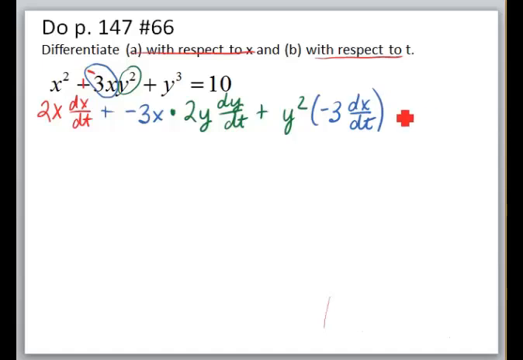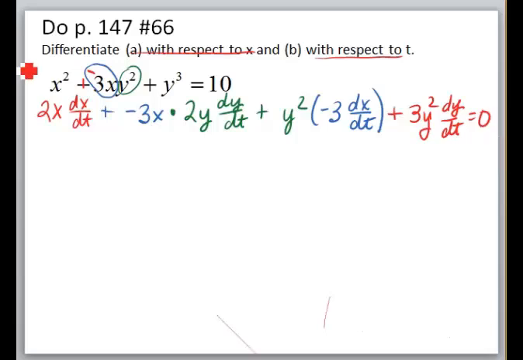Plus the derivative of y cubed is 3y squared. It is not a t, so I have to write the derivative of y with respect to t, and then equals 0. I will not be able to solve for just dy over dt or dx over dt, so what I'm going to do is collect my dx over dt's on one side and my dy over dt's on the other.